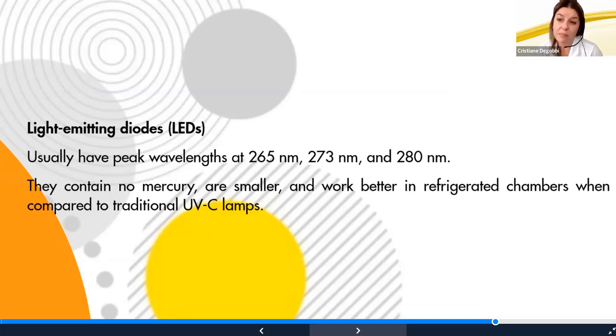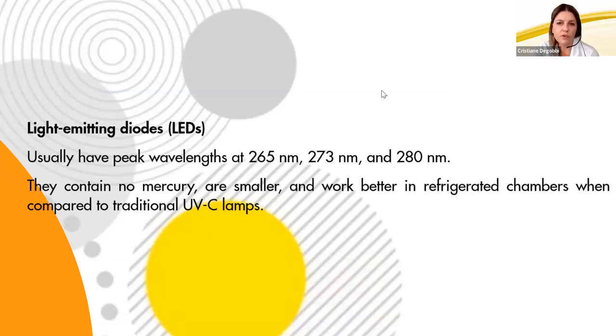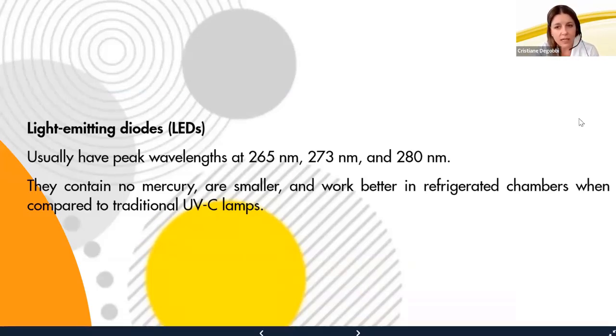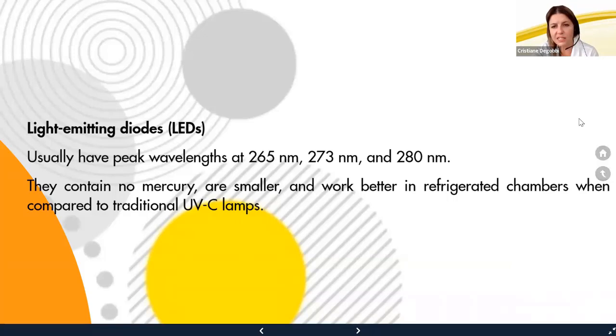It's more environmentally friendly. And they are usually smaller, and also they work better when you find them in refrigerated chambers, for example. So in food processing plants, a lot of times you can find those chambers, and LED UVC is the way to go for them.